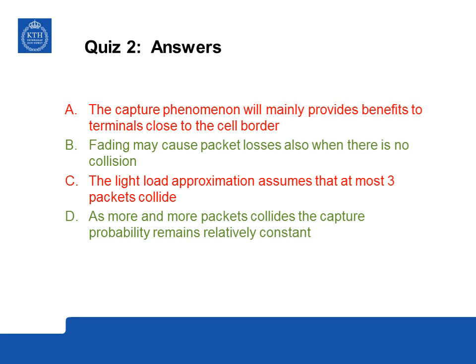Yes, it can. C. The light loss approximation assumes that at most 3 packets collide. No, that's wrong. Our approximation assumes that at most 2 packets collide. And finally, as more and more packets collide, the capture probability remains relatively constant. Yes, that is true according to the Namislo paper.